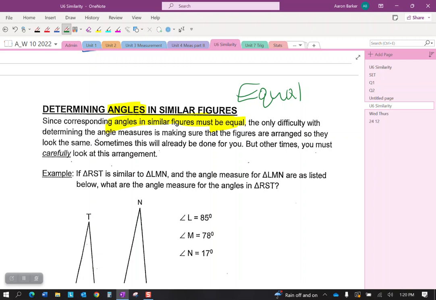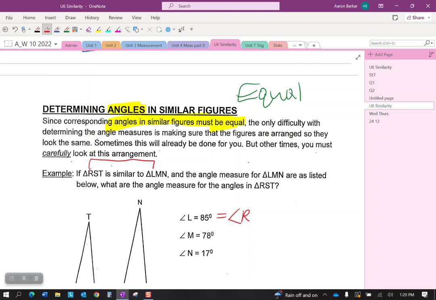Our names here: triangle RST is similar to triangle LMN. Because of the names, we know that the letters at the very first location have to be equal. So angle L equals 85 degrees, and it also is the same value as angle R. Those two are the same.